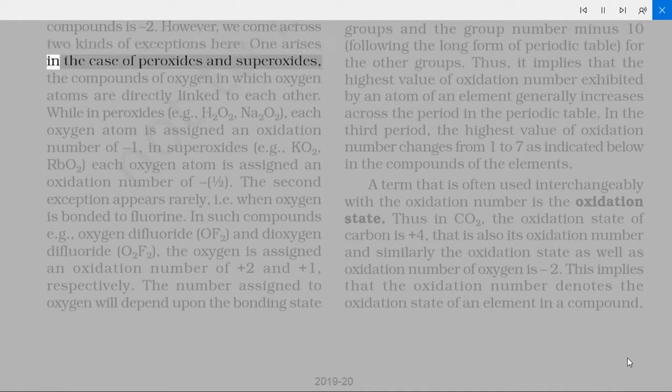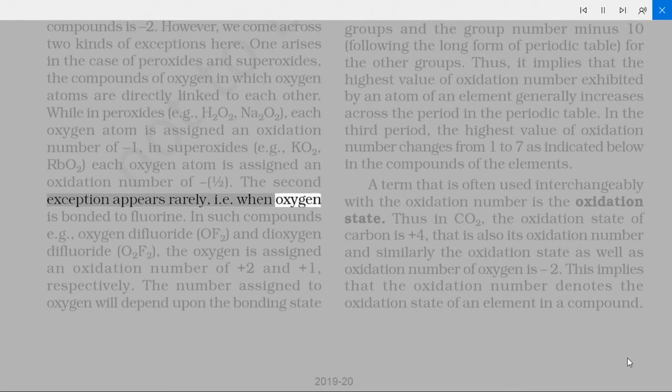One arises in the case of peroxides and superoxides, the compounds of oxygen in which oxygen atoms are directly linked to each other. While in peroxides, e.g., H2O2, Na2O2, each oxygen atom is assigned an oxidation number of -1. In superoxides, e.g., KO2, RbO2, each oxygen atom is assigned an oxidation number of -½.